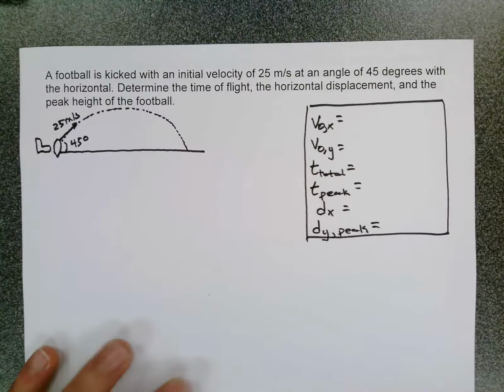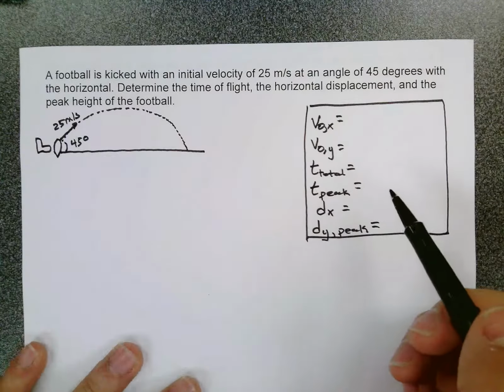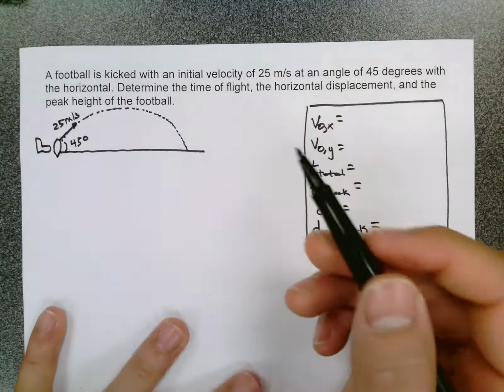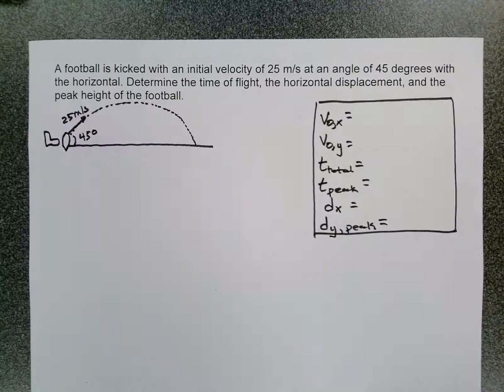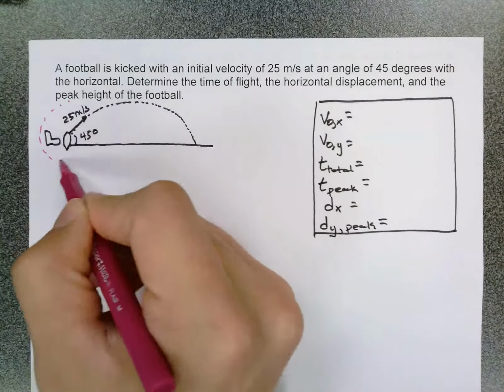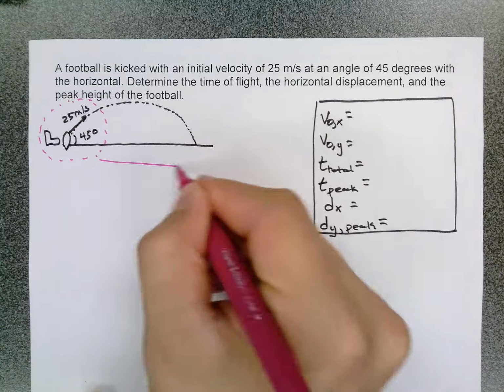One of the first things we have to do is find the initial velocities of the original velocity vector. We'll have to split them into its components. So I'm going to take this initial condition circle, and I'm going to expand it in the middle here.